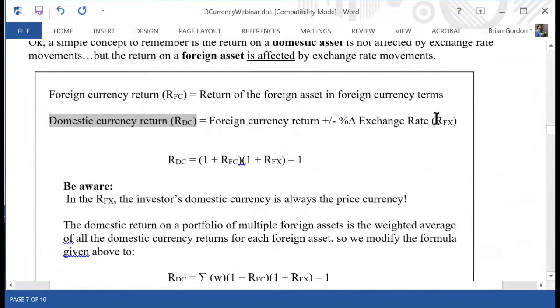That is the key. This return, or this movement in the exchange rate, you've got to link it back to the currency pair. And again, this return FX, we've got to think about this in terms of the foreign currency.